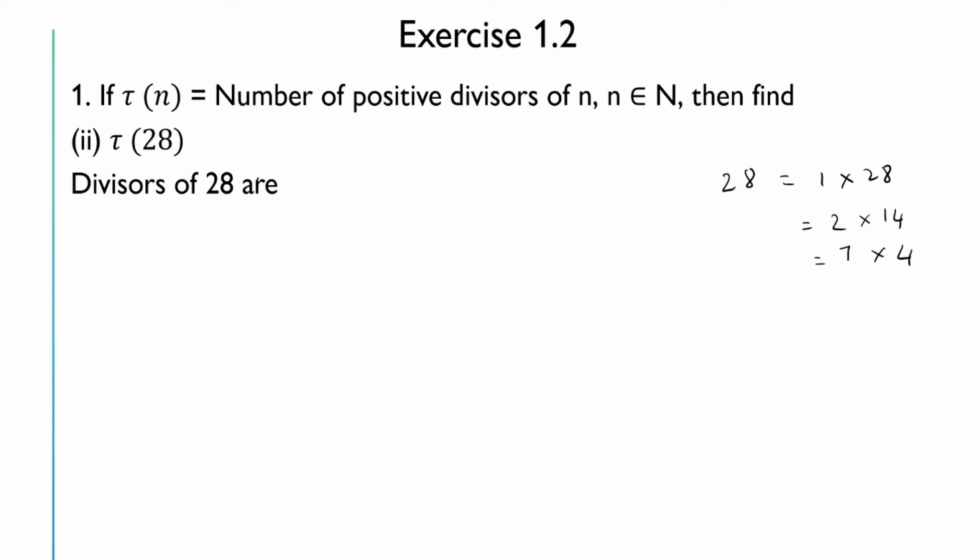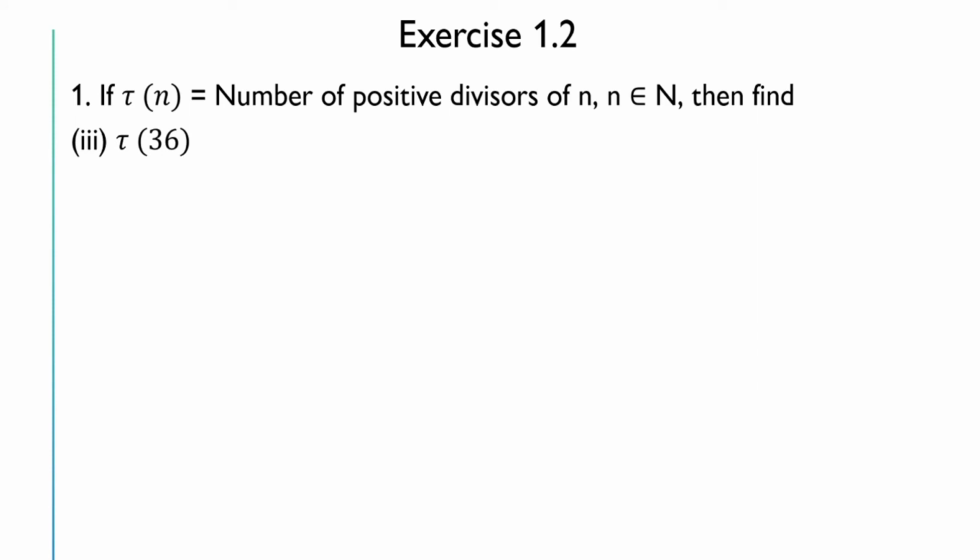So the divisors of 28 are 1, 28, 2, 14, 4, 7. So the number of divisors of 28 is 1, 2, 3, 4, 5 and 6. So tau of 28 is equal to 6.